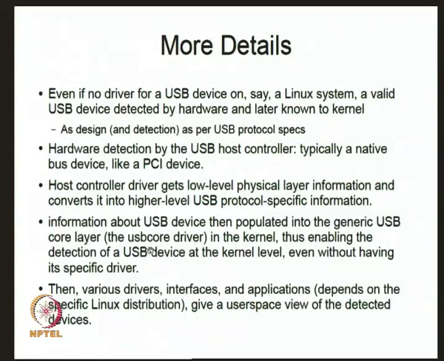You need to give an additional piece of information, the specific driver for accessing that particular USB device. In our case, mass storage, you need a USB mass storage device driver. It assumes that it's a SCSI device and knows that it has to send SCSI commands and receive responses.